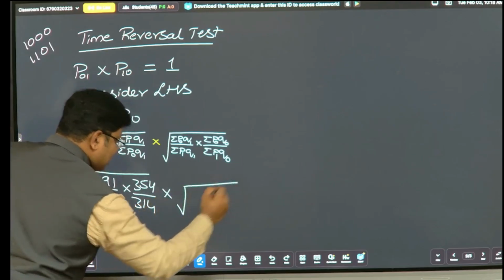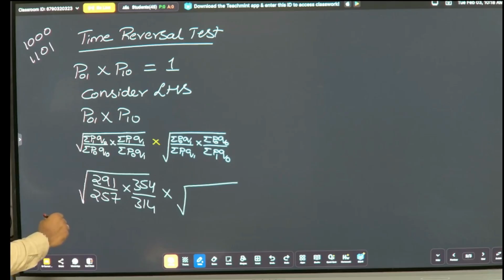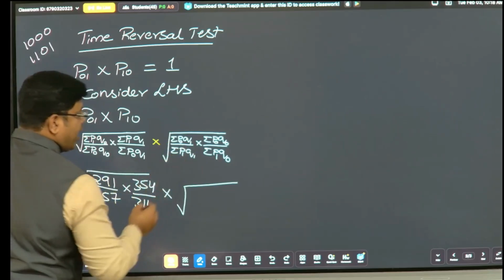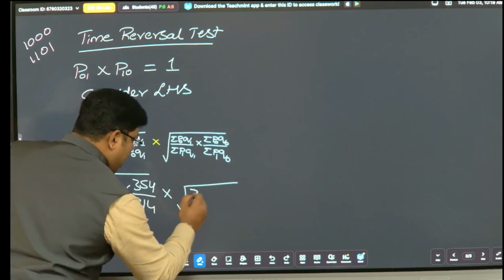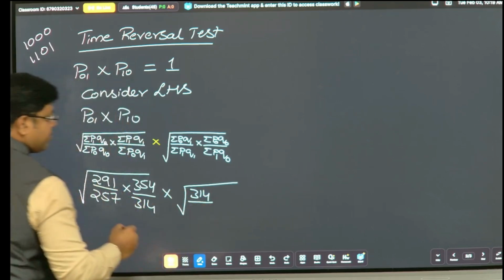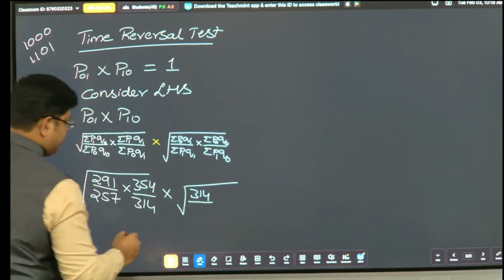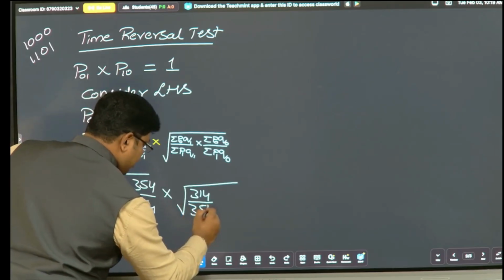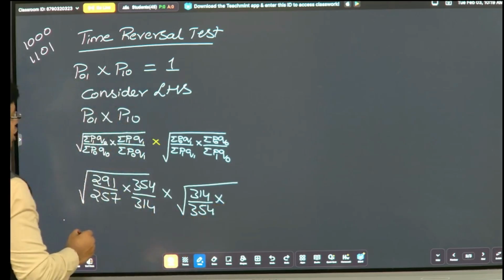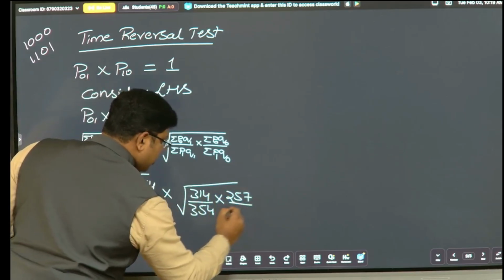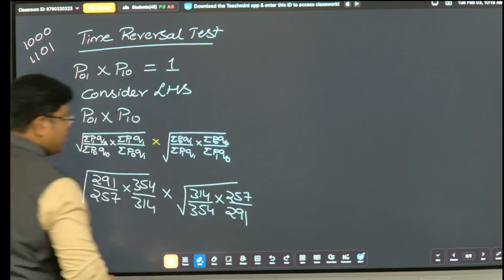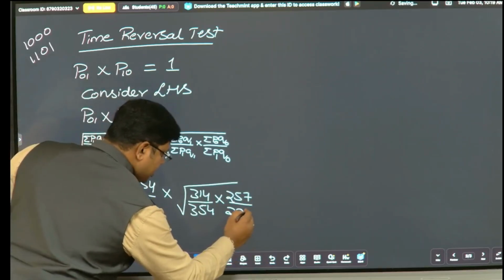Don't write anything. I'll give you time to write down. Summation P0Q1 314 divided by P1Q1 354, into P0Q0 257, 291. Any doubt up to this?